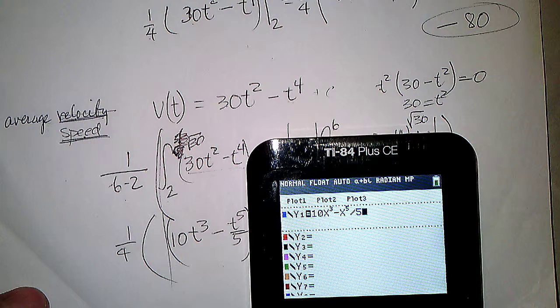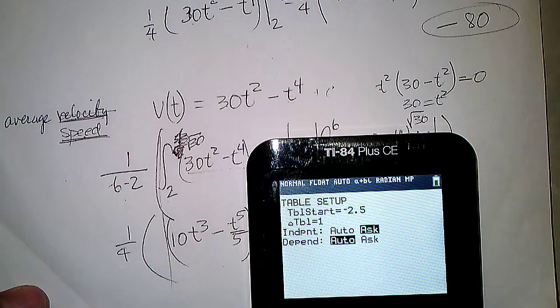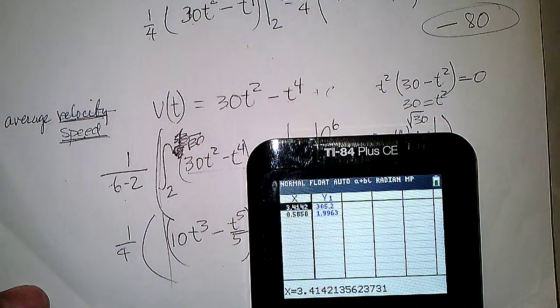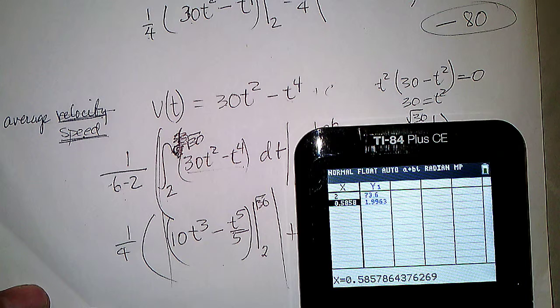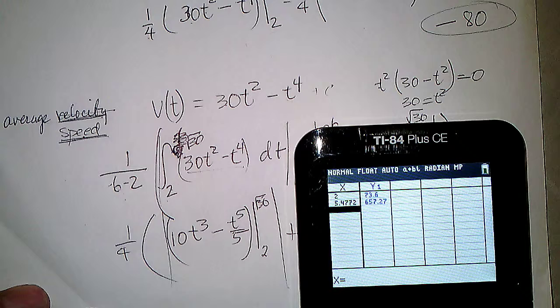And there's my expression. Then I'm going to go second table set and make sure it's on ask, and then go to the table, and I'm going to type in 2 and square root of 30 and 6.